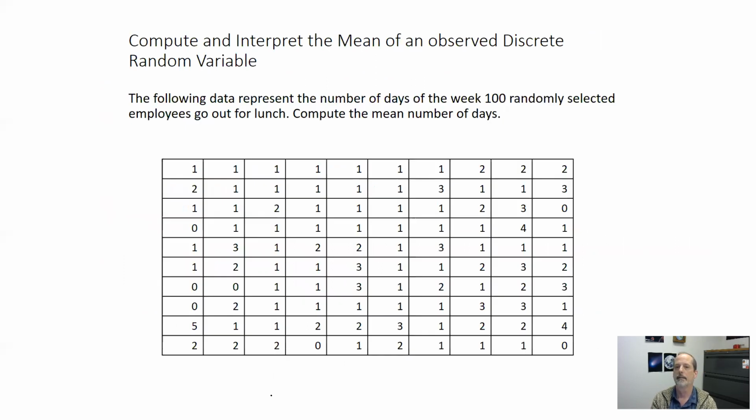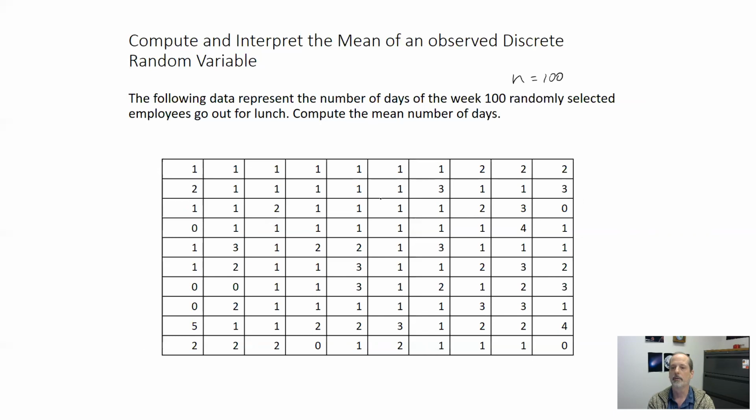All right. Here's some randomly selected data. So what we have here is a sample, and the size of our sample is n equals 100. So we've got some employees going out 3 days a week. They like to eat out. Some of them 0, they bring their lunch, 4.